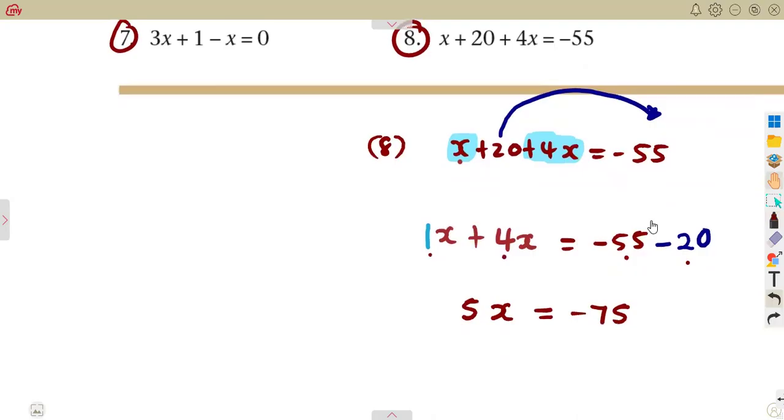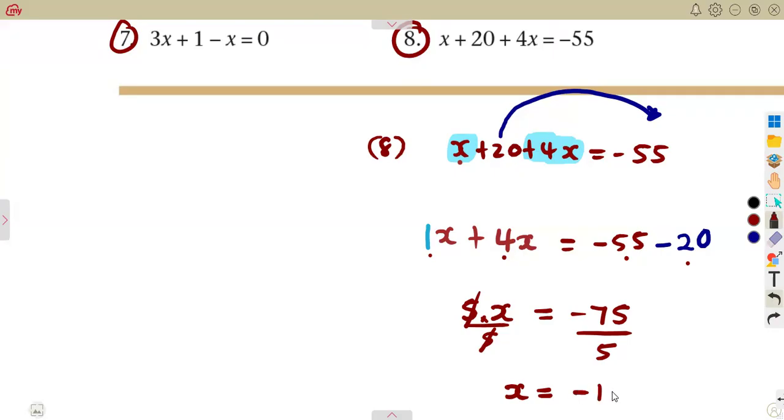So we can obtain the x value by dividing now. 5x means 5 times x. So it's a product. How do you remove the 5 on a product? You divide by it. The opposite, divide. So x is going to be equivalent to negative 75 divided by 5, which is minus 15 at the end. So that is the x value.